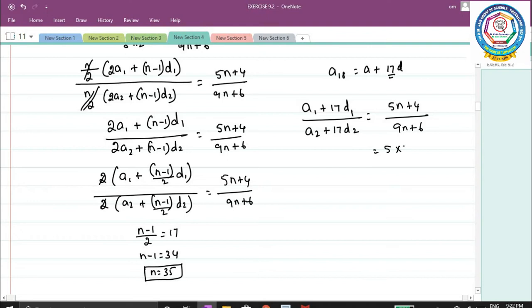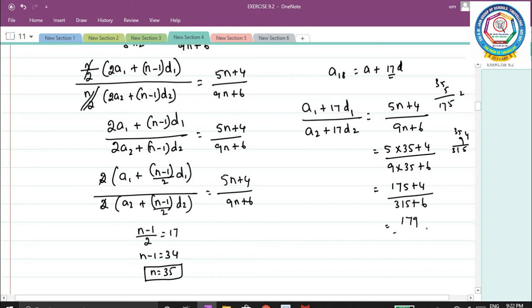So 5 into n, we got 35, plus 4, by 9 into 35 plus 6. We multiply 35 into 5: 5 fives are 25, 5 threes are 15 plus 2 is 17, so 175 plus 4 is 179. Then 35 into 9: 9 fives are 45, remaining 4, 9 threes are 27 plus 4 is 31, so 315 plus 6 is 321.